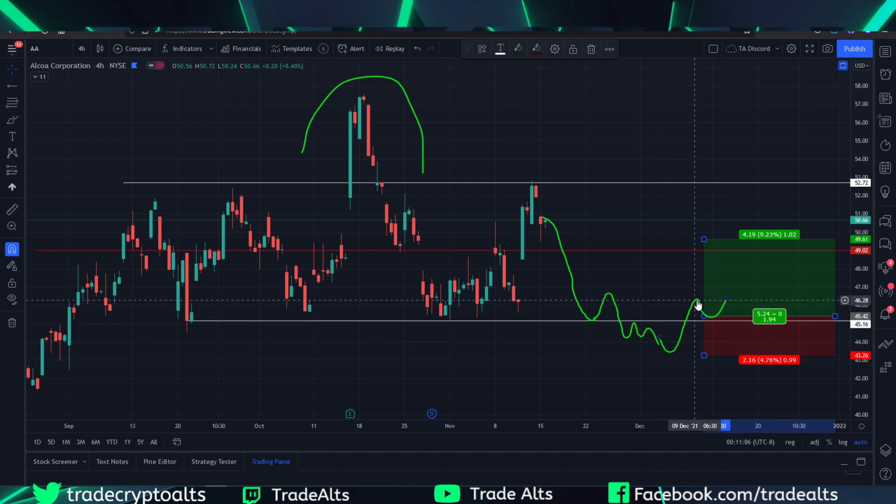Because if you get acceptance back in here and you're taking a long position, your stop loss would be whatever low was created here, because you would think that if this low is violated again, meaning price comes back down and takes you out, it's probably going to continue at that point.